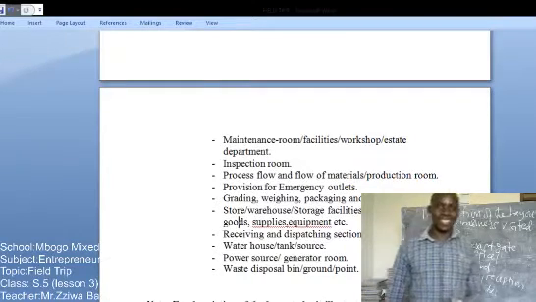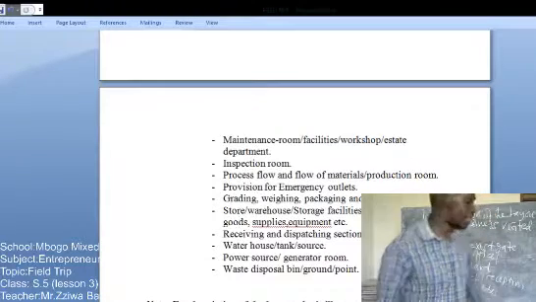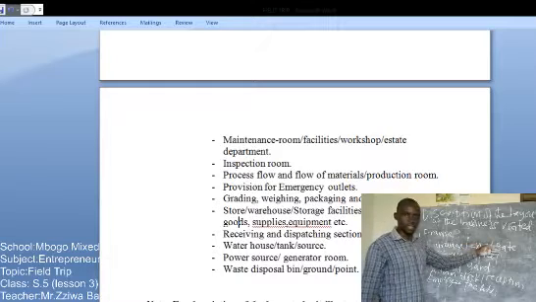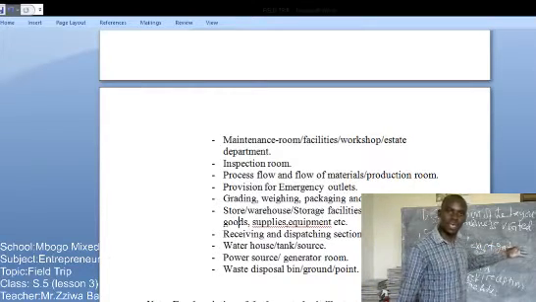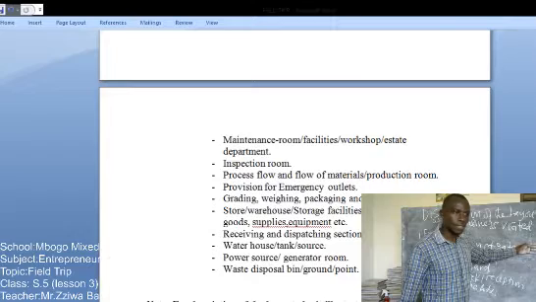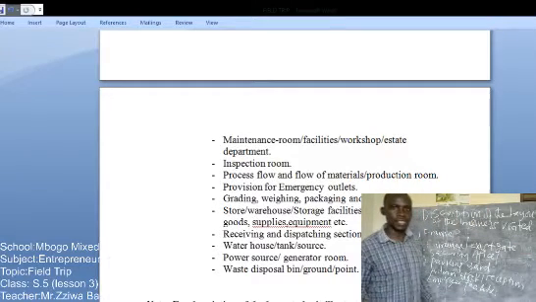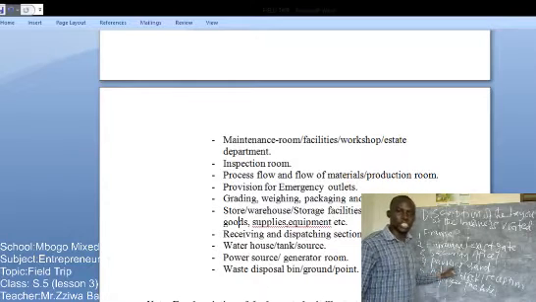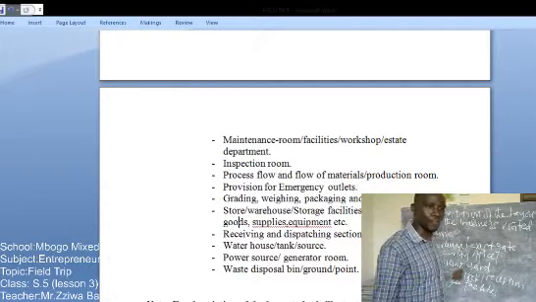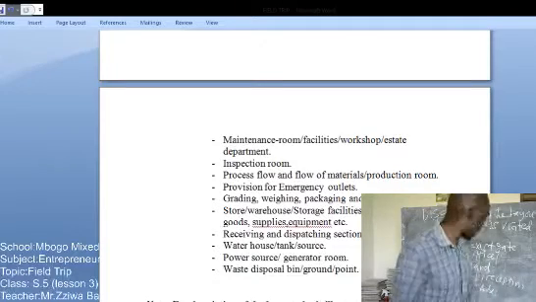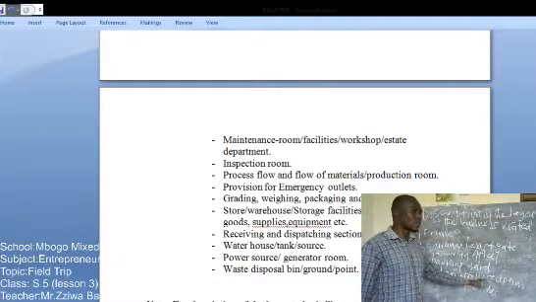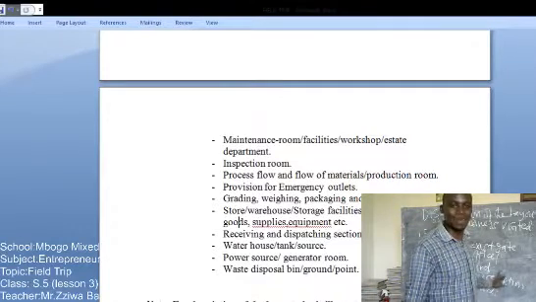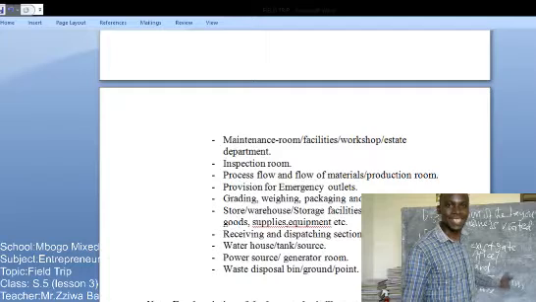Now, if the question is, describe the layout of your business, you start with the entrance and exit gate. This is where visitors normally access the business and leave at their own will. Parking yard. This is where the cars for visitors are normally parked. Administration block or reception. This is where administrators of the business normally sit, and the reception section.